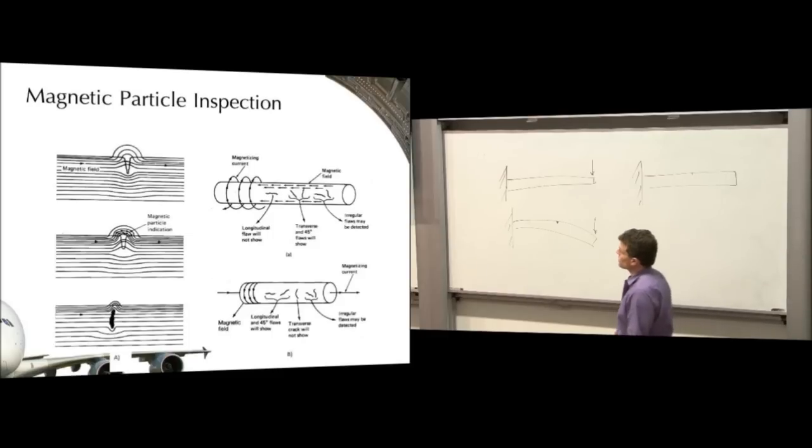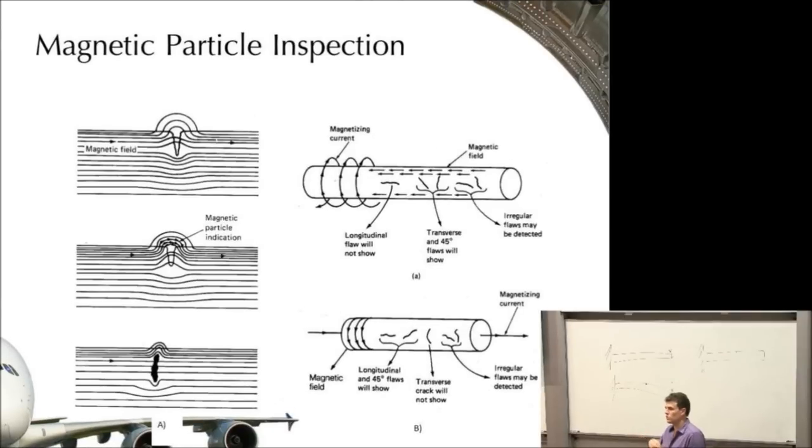Another technique is what's called magnetic particle inspection. If you apply a magnetic field to a part, if there's a defect, it will distort the magnetic field. So if you apply a magnetic field to something and then sprinkle iron filings on it or some kind of magnetic material, they will tend to distort around cracks.